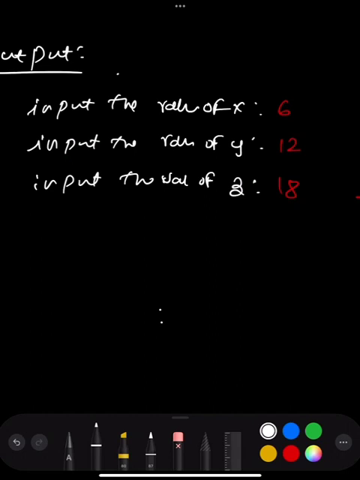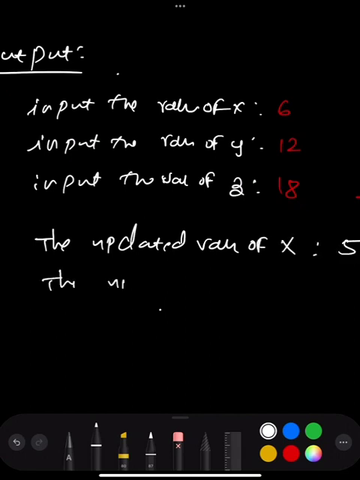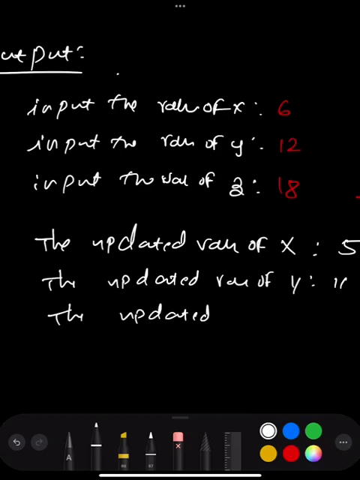Then it is going to show the output as the updated value of x is 5, the updated value of y is 11, the updated value of z is 17. Got it? Till now we have completed the increment and decrement operators.